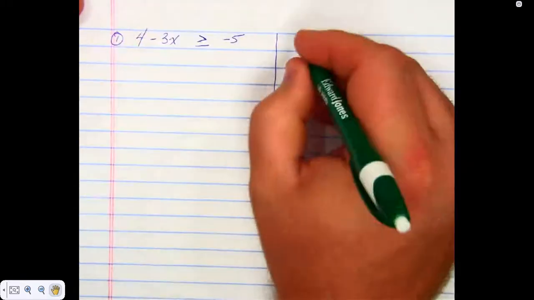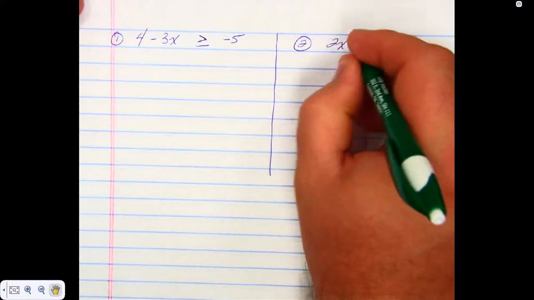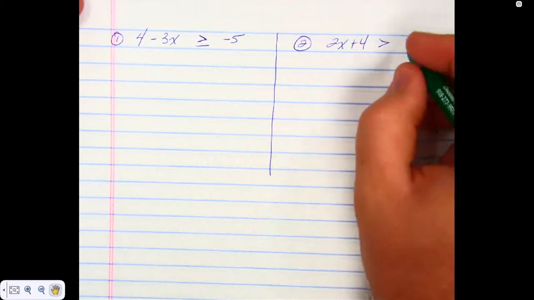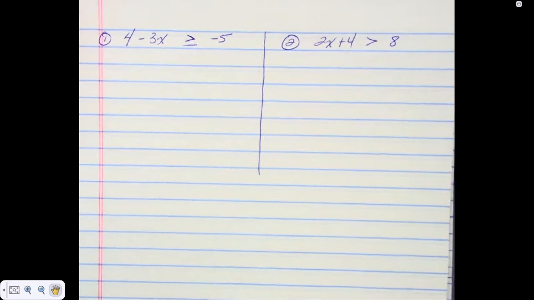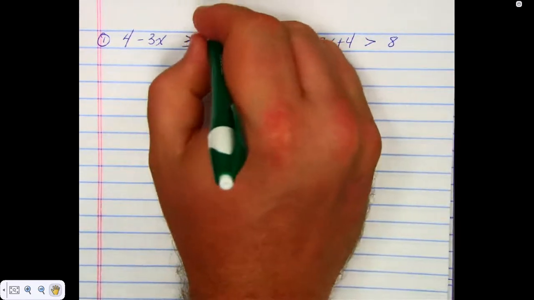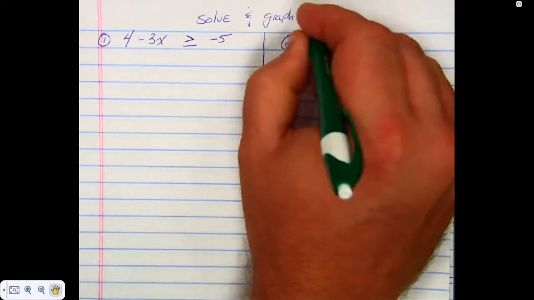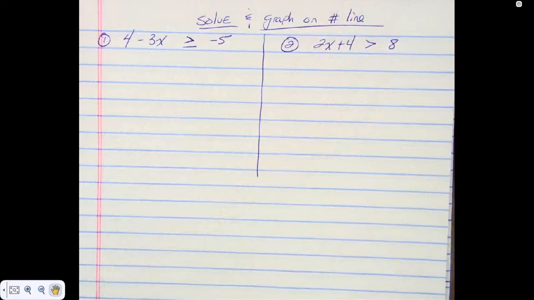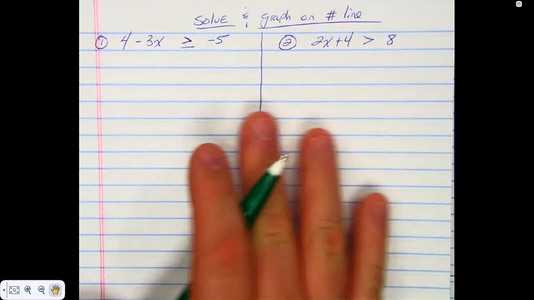Example 2: 2x plus 4 is greater than 8. We're going to solve and graph those two on a number line. Later on in the chapter, we'll graph that on an XY coordinate plane.